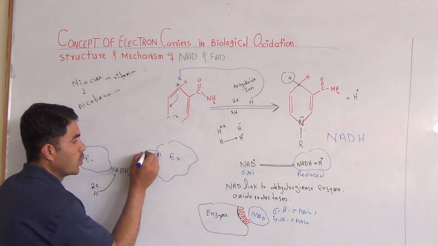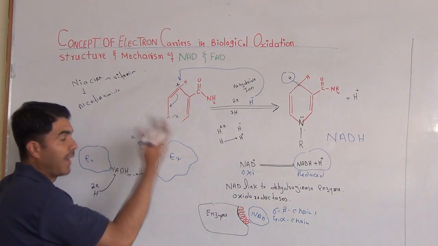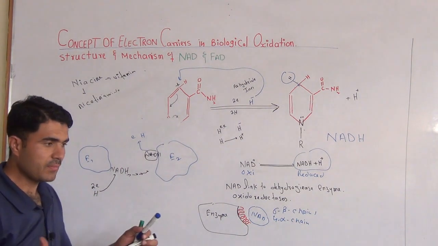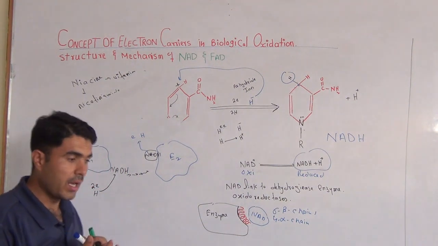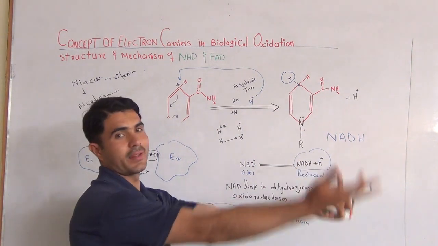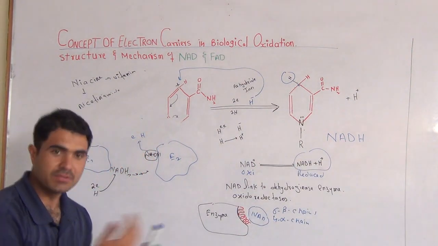Here it will give its electron and hydrogen back to another reaction. So NAD got oxidized, got electron and hydrogen, and at another place it will give back its electron and hydrogen to another reaction. So it is reversibly oxidized, right? Reduced and oxidized.